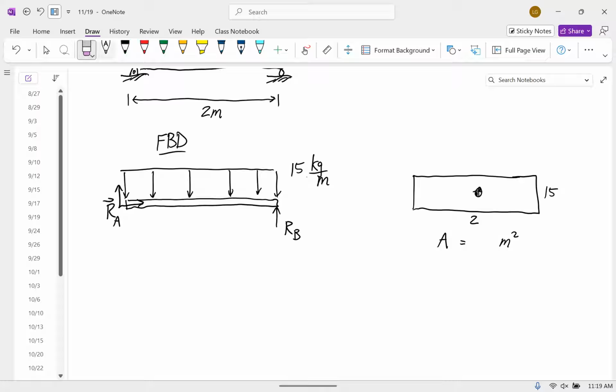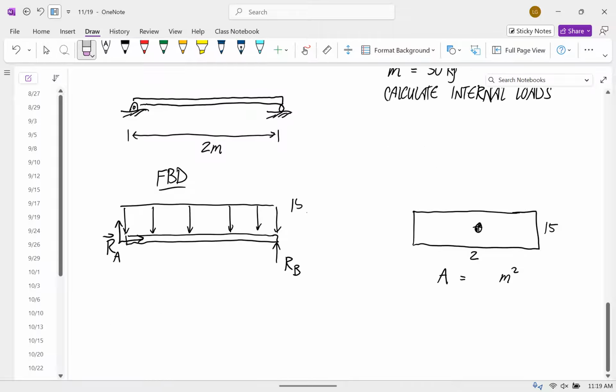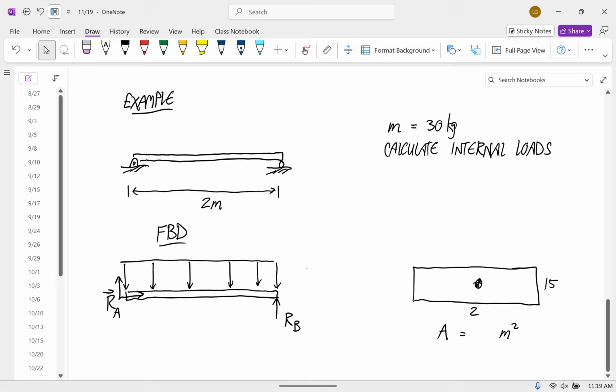Oh, yeah, so the area is, oh, and you know what, also, what this really is a force. So I didn't multiply by G. So we have 30 times 9.81, which is 294.3, divided by the length of 2 meters, which is 147.15 newtons per meter.